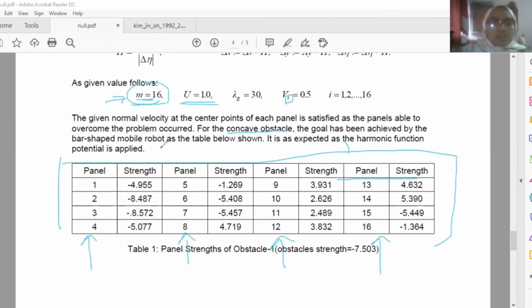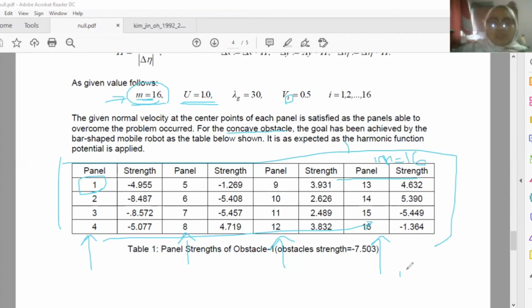So here we can see when the panel is 1, the strength is equal to negative 4.955, and this continues until panel M equals 16.